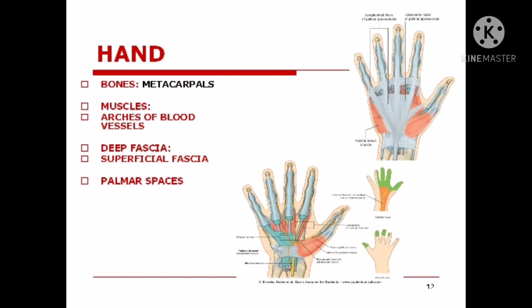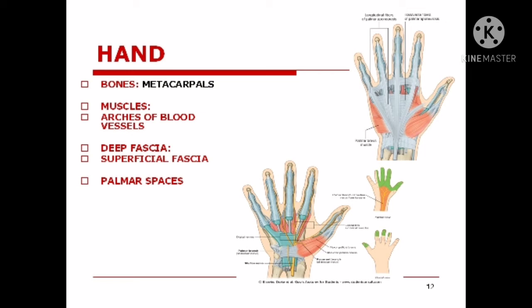The muscles of the hand are small muscles. They arise in the hand and end in the hand. The blood vessels form two arches, the superficial and deep arch, which supply the palm and the digits of the hand.